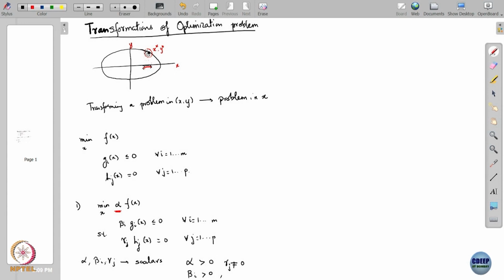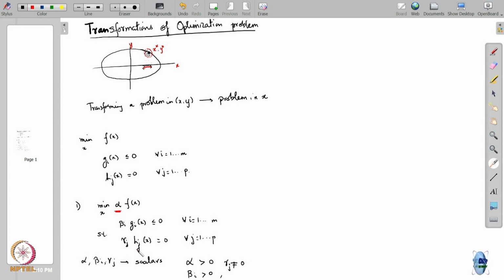Your g i of x is being scaled by beta i, scaled up or down depending on whether beta is greater than 1 or less than 1. Similarly, h j of x is being scaled by gamma j. They are all being scaled, but the x's that satisfy the constraints are still the same.